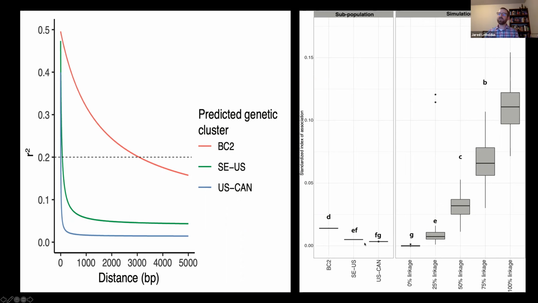Basically, we estimated the index of association for these different populations, and we compared those to scenarios where the SNPs or markers were totally unlinked, 25% linked, 50% linked, 75% linked, and 100% linked.